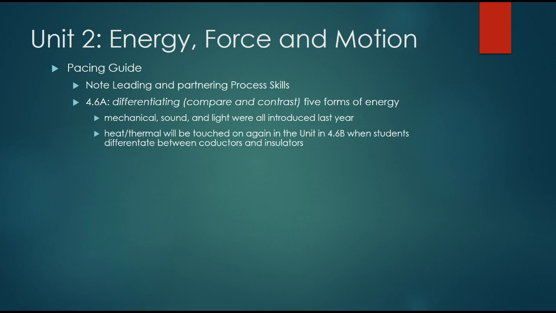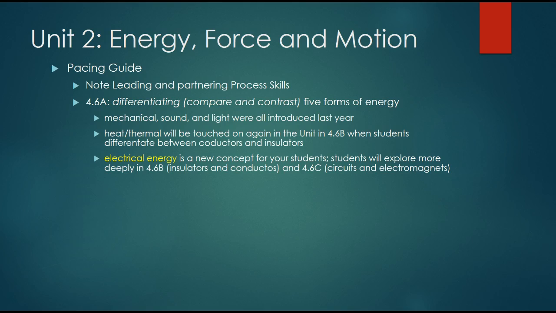You'll touch on heat and thermal again when students differentiate between the conductors and insulators with heat and thermal, so just know that as you spend your planning time on 4.6a. And then you'll notice that the last form of energy, electrical energy, is in yellow. That's because this is a brand new concept for your students.